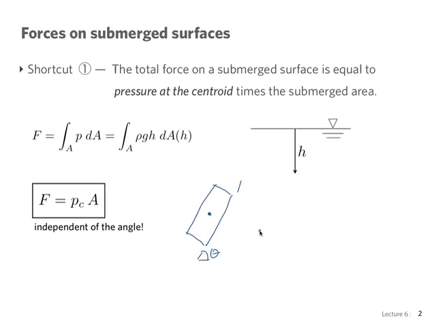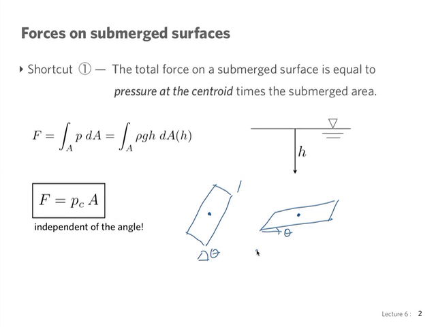Or if the surface is almost horizontal, and this is a very small angle, it doesn't matter. It does not depend on the angle. It only depends on the depth of the centroid, the pressure there, multiplied by the area, and that gives the resultant force. Okay, so we'll do, of course, an example later on so you can see how this works.